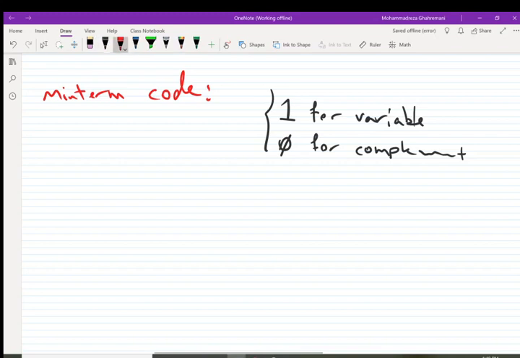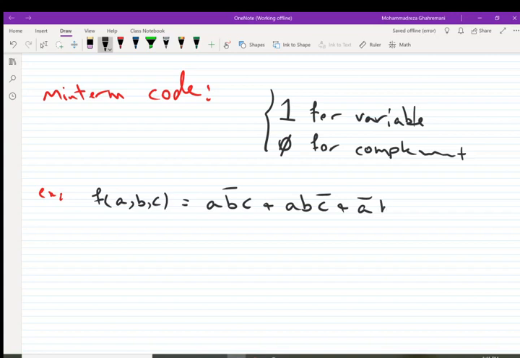So here is an example. Let's say we have this function: f of a, b, c is equal to a b bar c plus a b c bar plus a bar b bar c bar. Okay, we learned how to find the minterms from the truth table in the last lecture.